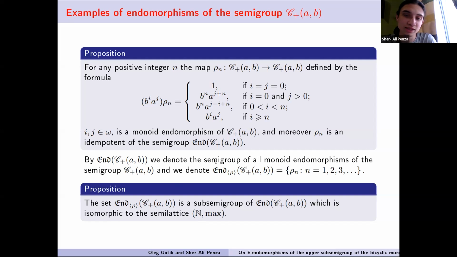We denote by this symbol the semigroup of endomorphisms of our monoid that is generated by the endomorphisms rho. This semigroup is isomorphic to the semilattice of positive integers with the operation maximum.